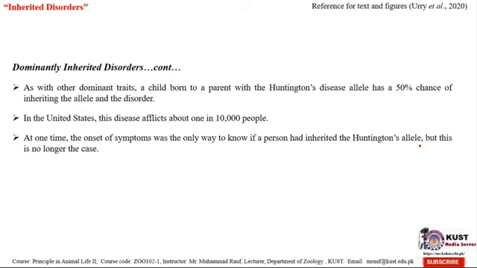We have tests like amniocentesis, chorionic villus sampling, and pre-implantation genetic diagnosis that let us know about the presence of defective alleles in the embryo at a very early stage, and then effective strategies can be developed to minimize the symptoms.